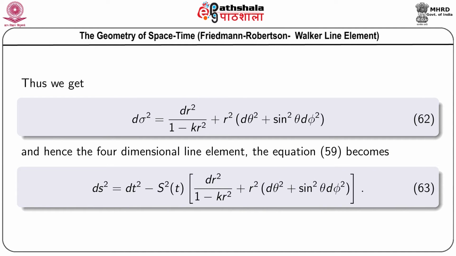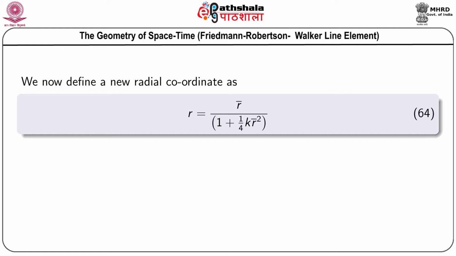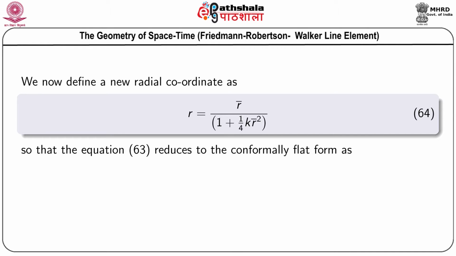And thus, the 4-dimensional line element will be like this: ds square equal to dt square minus a square t, and this expression. Now, we define the new radial coordinate in this form, that means we give a transformation like this. Then the equation reduces to the conformally flat form.